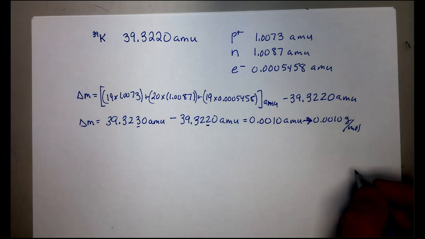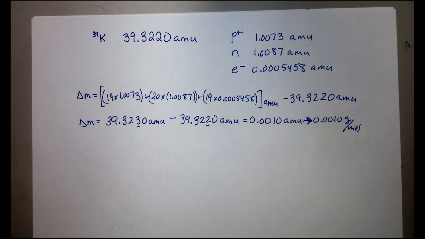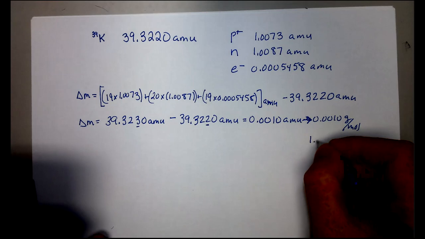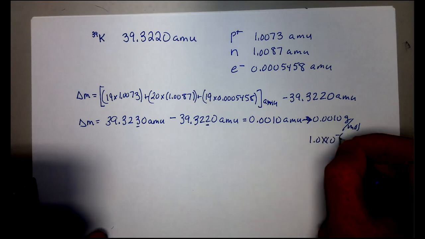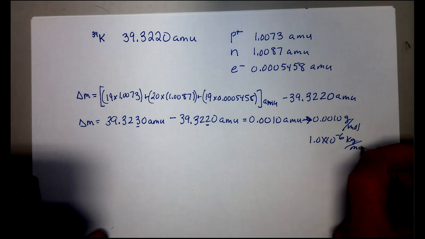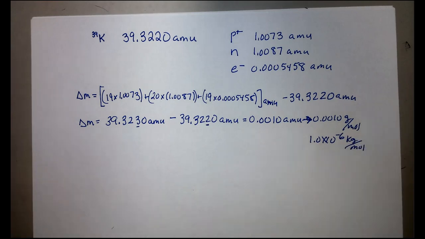Now, to get the units on the energy to work out, I really need kilojoules per mole, or kilograms per mole. So we're going to divide by 1,000. We'll go ahead and go to scientific notation for this. And so that'll be 1.0 times 10 to the negative 6th kilograms per mole. Now we're ready.